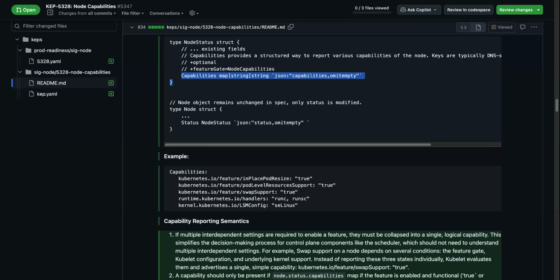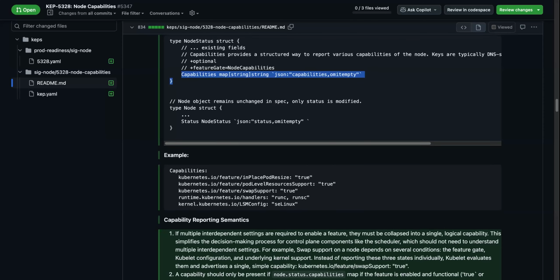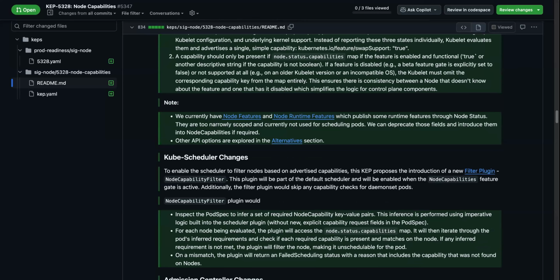Also the idea is that the scheduler or the admission controller is intelligent enough to look at the pod spec or associated objects and figure out what capability a pod needs, and then look for the capability on the node object. So this is the high level goal and a way to achieve this.